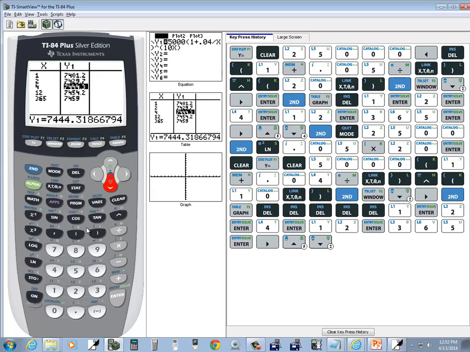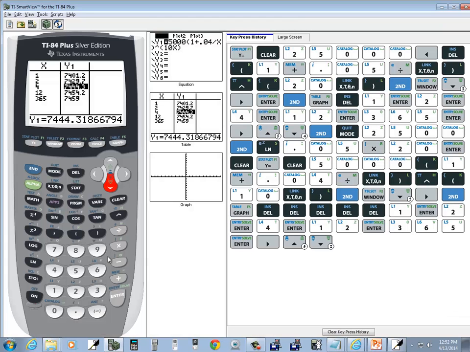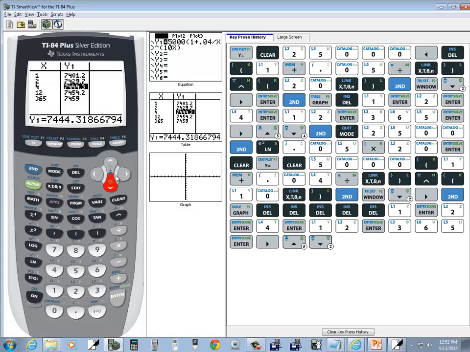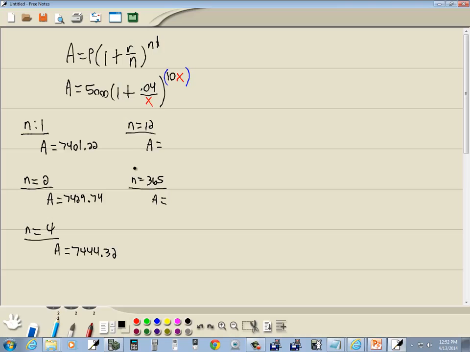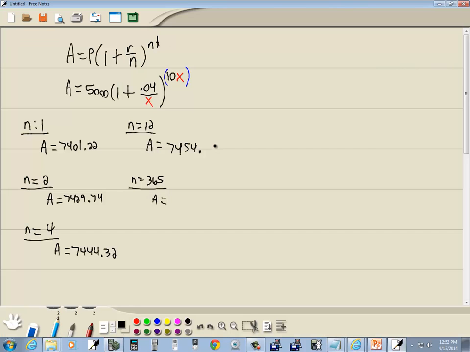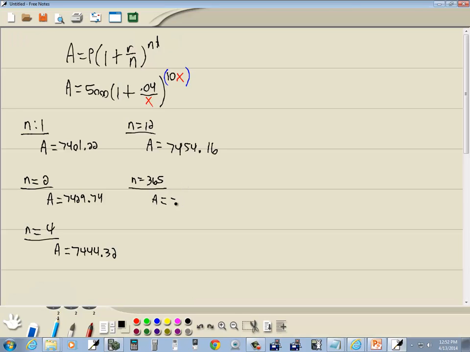Down arrow to n is equal to 4, and I got 7,444.32. Down arrow for n is equal to 12, and I got 7,454.16. And then I'll down arrow to 365, and I got 7,458.96.